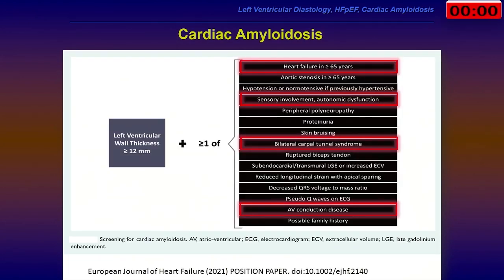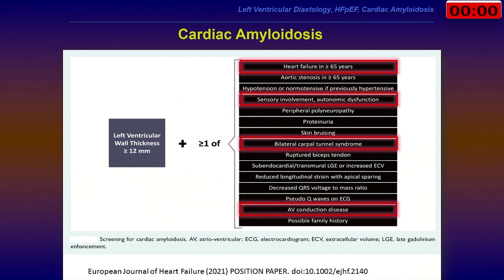What are the red flags for suspected cardiac amyloidosis? You have left ventricular wall thickness more than 12, in addition to the clinical criteria. What are the clinical criteria? Patients in heart failure. Remember that HFpEF means heart failure with preserved ejection fraction.